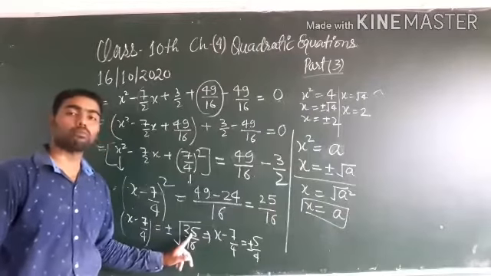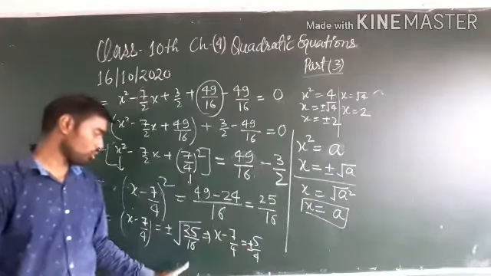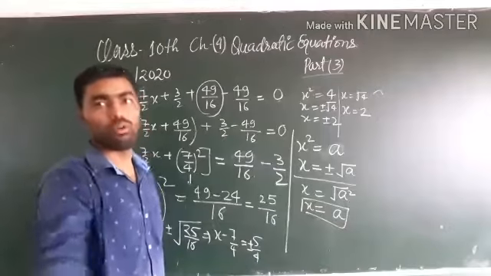The square root of 25 is equal to 5 and the square root of 16 is equal to 4.